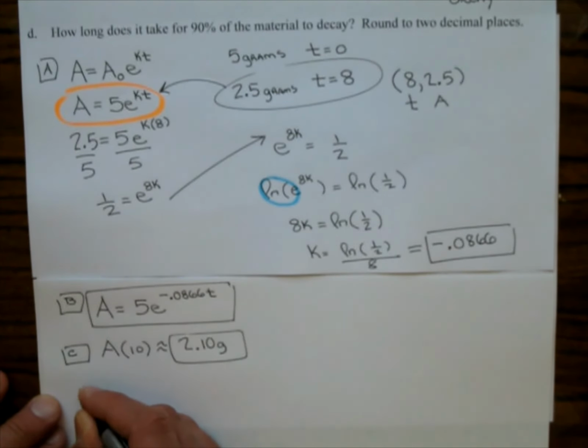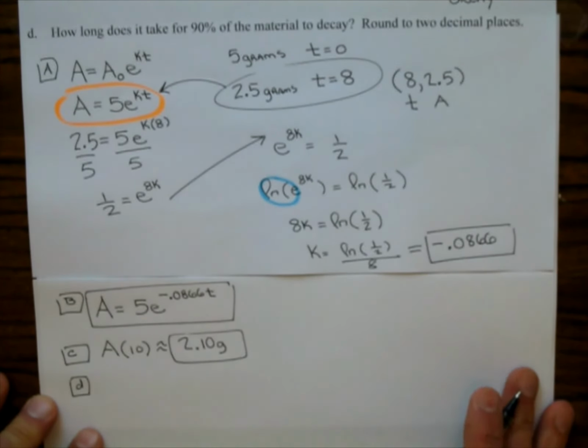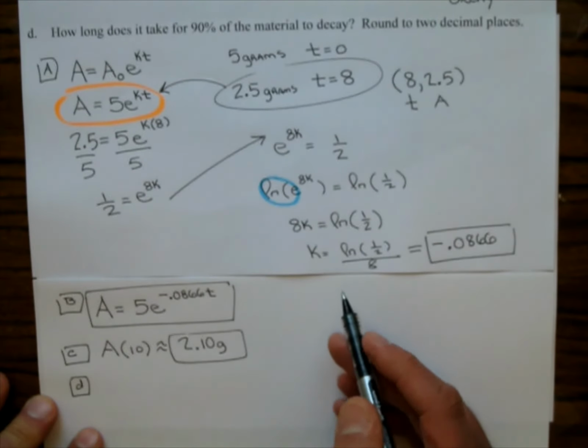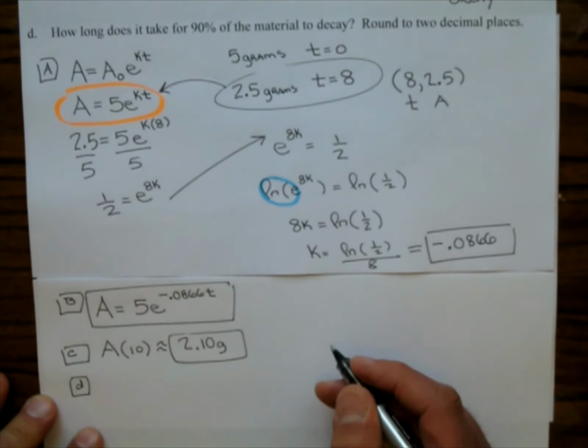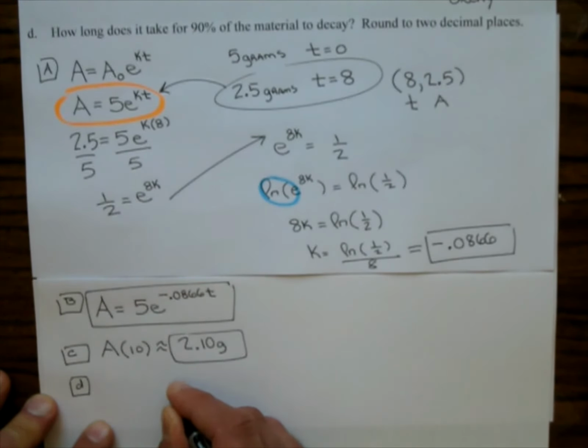Part D says, how long does it take for 90% of the material to decay, round to 2 decimal places? Okay, so how long for 90% of the material to decay? If you start off with 5, okay, so we're using this formula here.